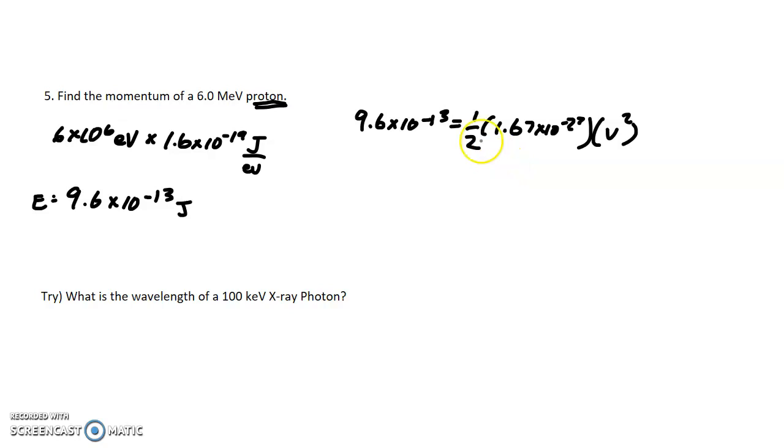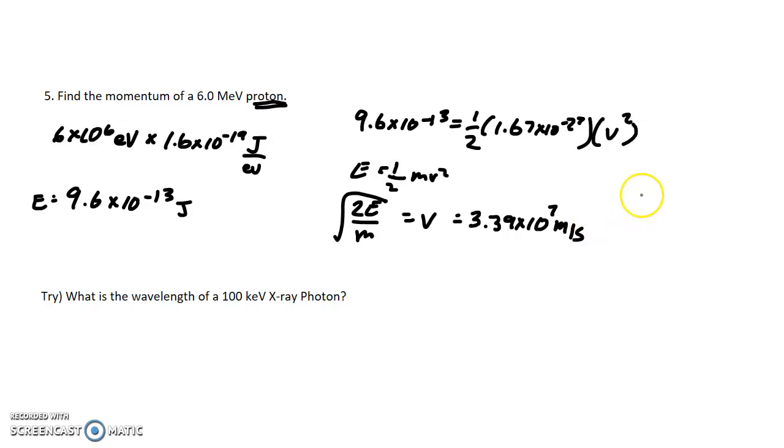So multiplying both sides by 2, dividing both sides by 1.67, and square rooting, right? So the manipulation looks something like this: the square root of 2E over m is equal to v. That velocity, using the numbers that we got, is going to be 3.39 times 10 to the 7 meters per second.